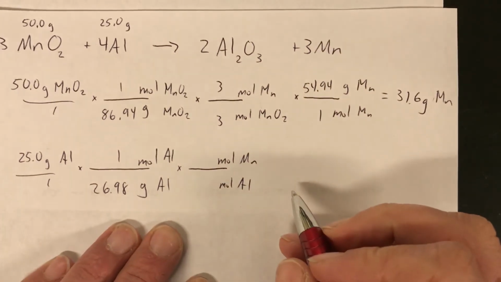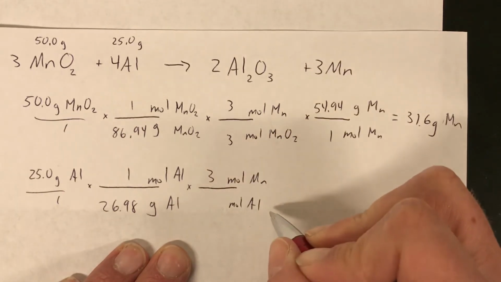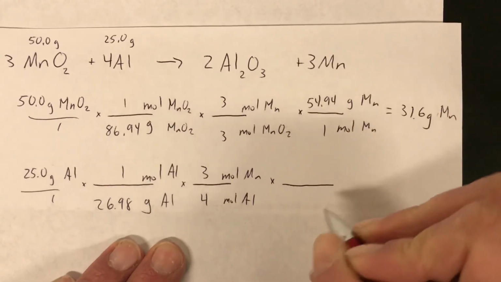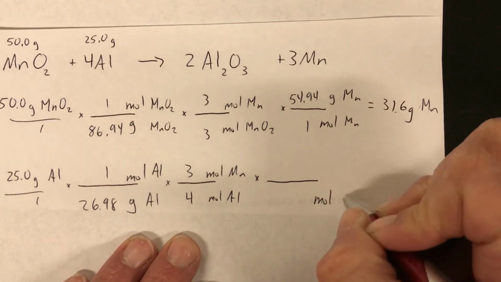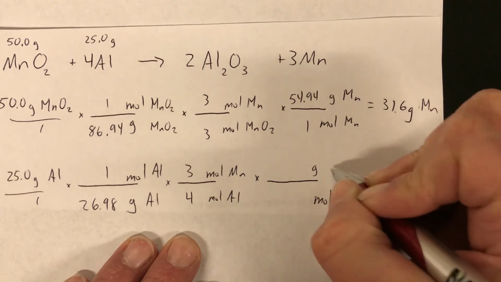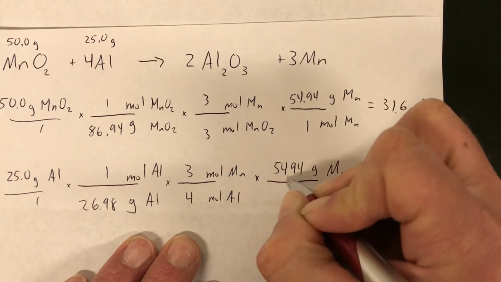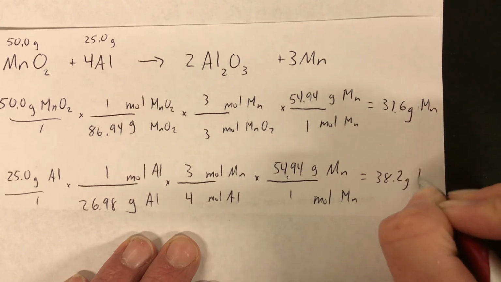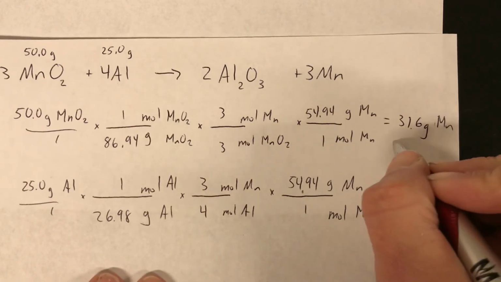Looking at the balanced equation, we're going to have 3 moles of manganese for every 4 moles of aluminum. And then we go to grams. And that gives us 38.2 grams.